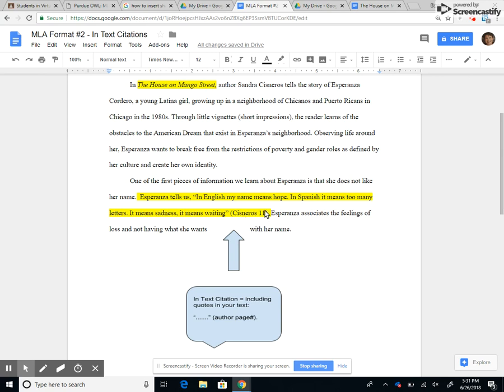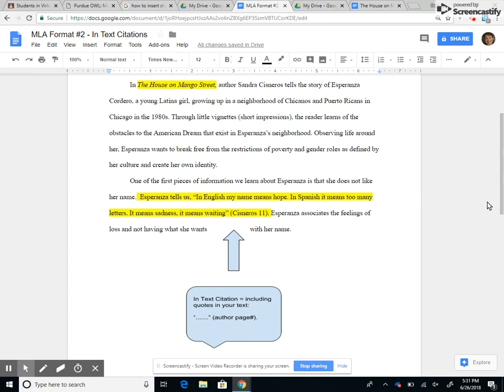Then after the parentheses, that is when I place the period. So I place the period all the way at the end when I'm completely done with my in-text citation. So this is one way of incorporating a quote.